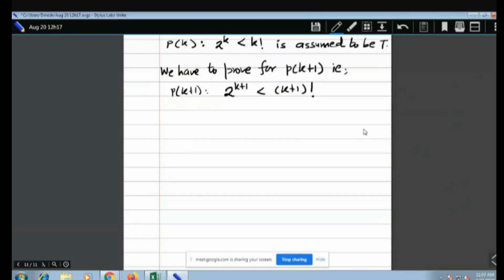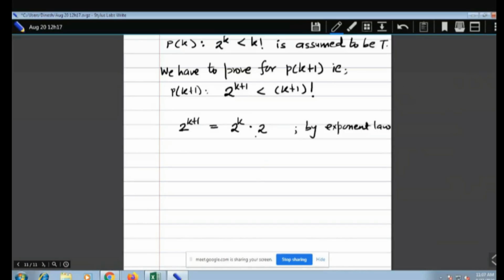Okay, now you know that, look at this, 2 raised to k plus 1 is nothing but what? 2 raised to k into 2. Isn't it? It is with the exponent rule or exponent law.